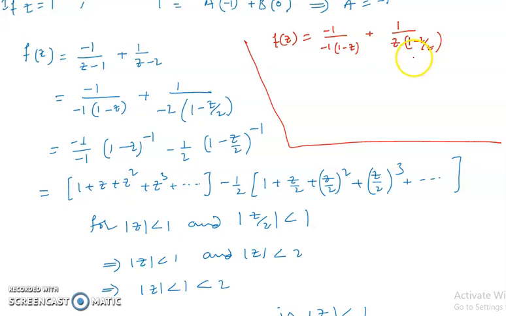What is our intention? We have to get the 1 minus something form. See, if we bring z outside, we can get 1 minus 2 by z, 1 minus something. So 1 minus 2 by z goes into the numerator, and we can expand this. We can write this as (1 minus z) whole power minus 1 plus 1 by z of (1 minus 2 by z) whole power minus 1.